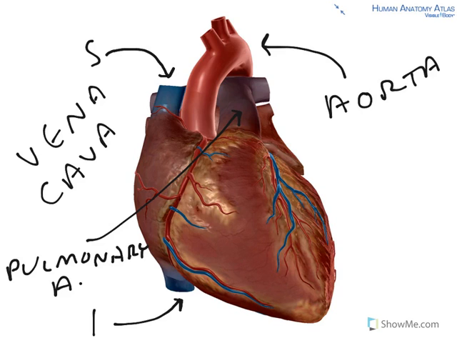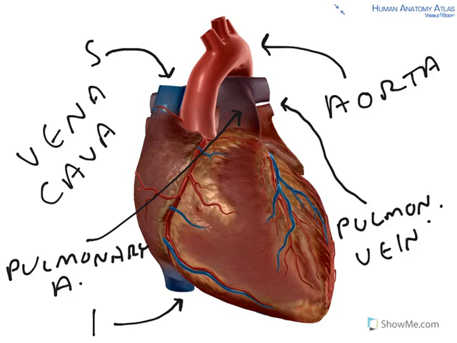And finally, some difficult vessels to see, because they're more hidden around the back of the heart, are these here. These are the pulmonary veins. And their job, as we said earlier, is to carry oxygenated blood from the lungs to the left atrium.